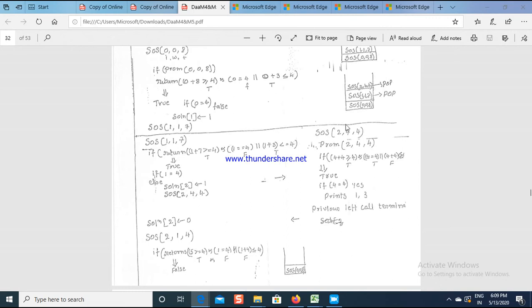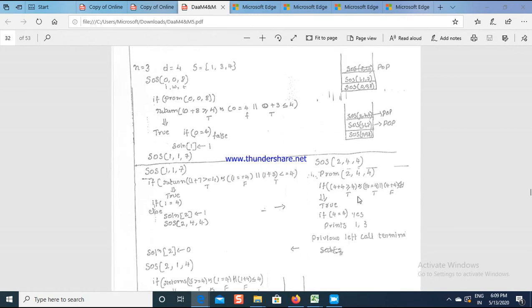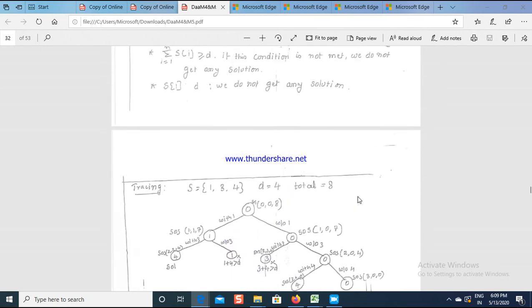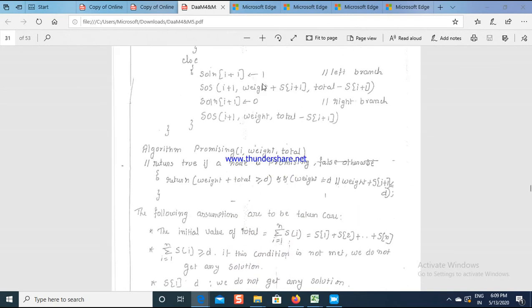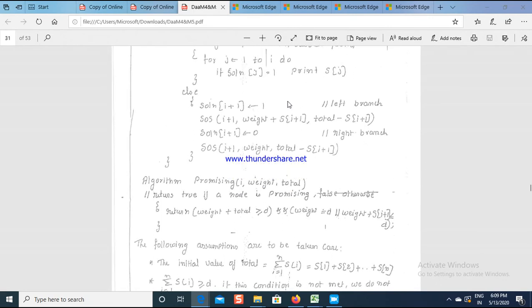When I am calling 244, again I will call promising, and it will return true. Now when I am checking weight equal to D, yes, my weight is 4. So 4 is equal to 4, which means I got the solution. When I get the solution, what do I have to do? I need to print the result. So I will go for the solution array. The solution of 1 I have made 1, so print 1.